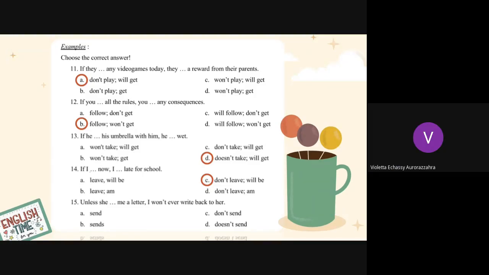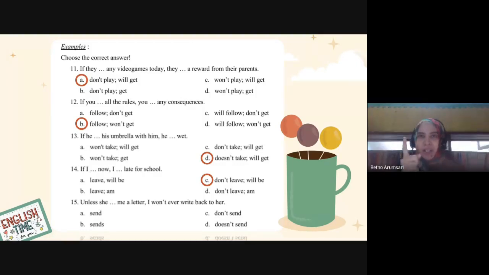Unless she doesn't send me a letter, I won't ever write back. Oh yeah, I made a mistake with this one in quizzes, yeah. The answer is not doesn't send, but because we use unless here, the answer is sends, right? Because here the condition cannot support the result.